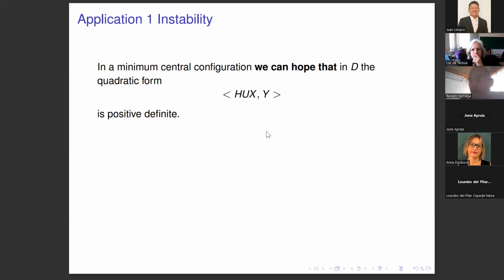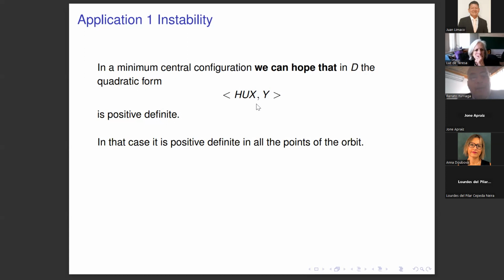I'm sorry, I cannot write this right. This should be X and X, and this should be HM. So we like these to be positive definite.